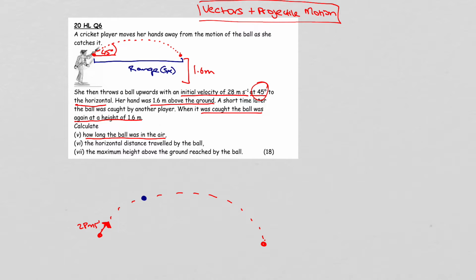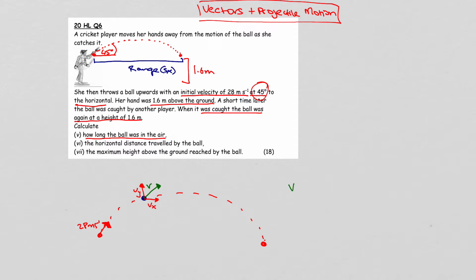So at every point along that path, we have velocity in both the x direction and in the y direction, and the resultant can be found by Pythagoras at any point along the path.